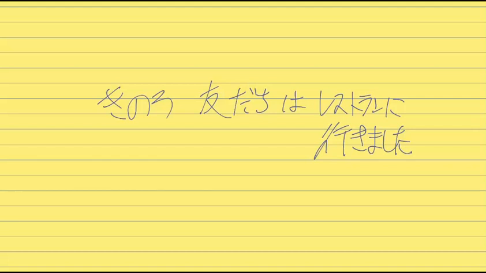Now let's change this into a relative clause. The noun is レストラン. So what you need is you need a verb beforehand. So with the restaurant, you need a verb which is 行きます.